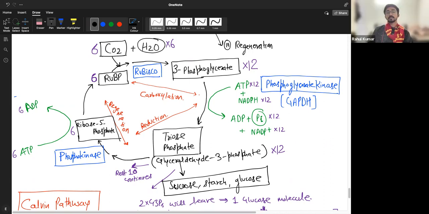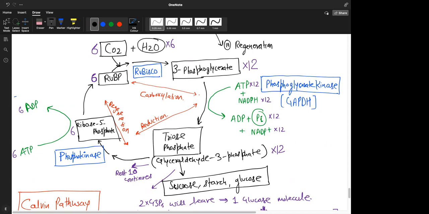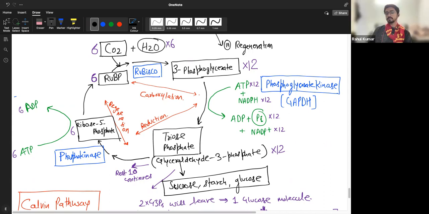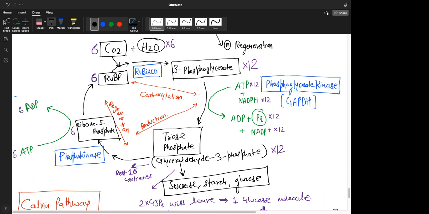So here we are just balancing the equation. We are putting 6 and 6, but now we just know that it happens with one CO2 at a time, right? Yes sir. So basically, how many cycles are required to make one molecule of glucose? 6 turns in the Calvin cycle. 6 turns. Okay.